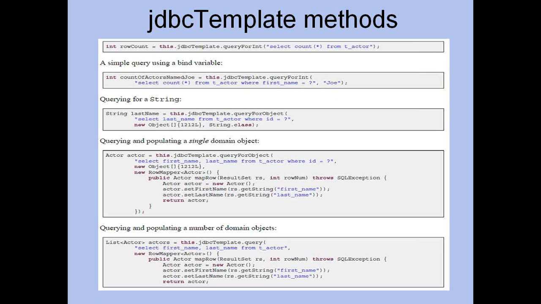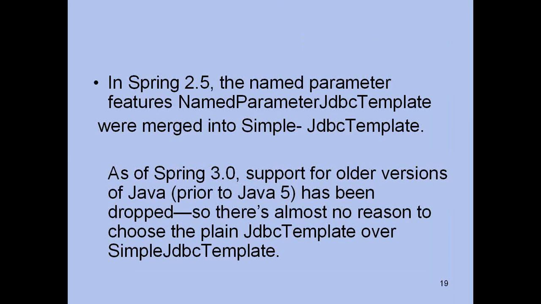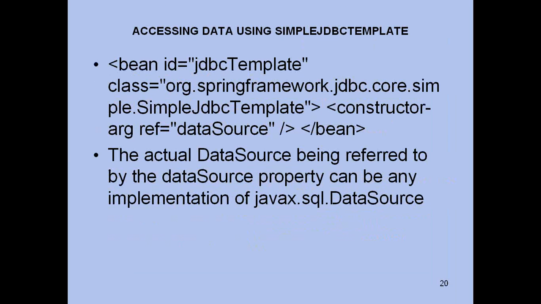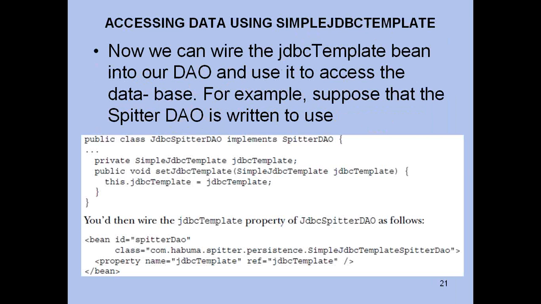Indexed parameters are 1, 2, based on the index. You have to be very careful when setting the indexed parameters, because changing the order of the indexed parameters will result in a query error. When you use NamedParameterJdbcTemplate, what you do is, I'll show you an example here.